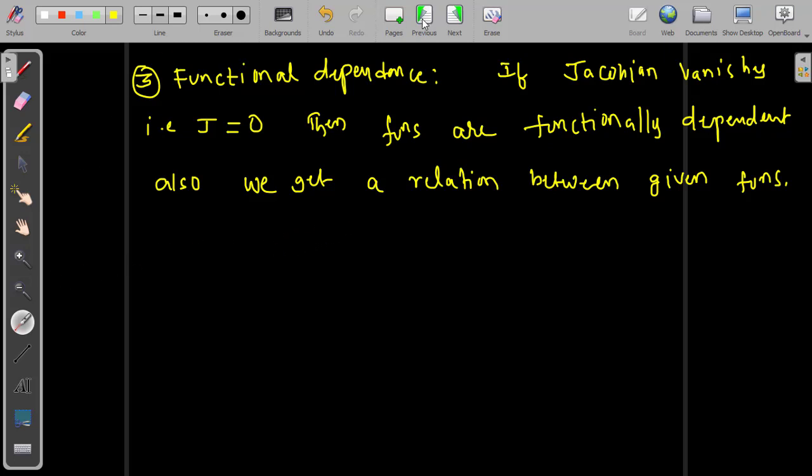Now the last point: functional independence.